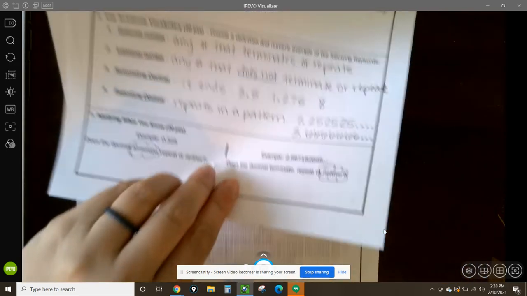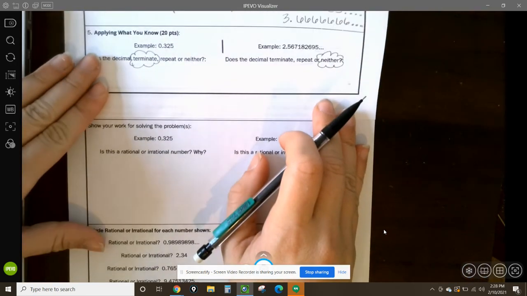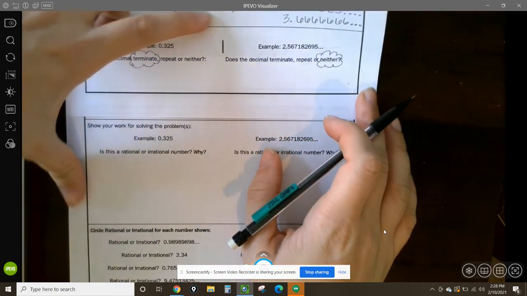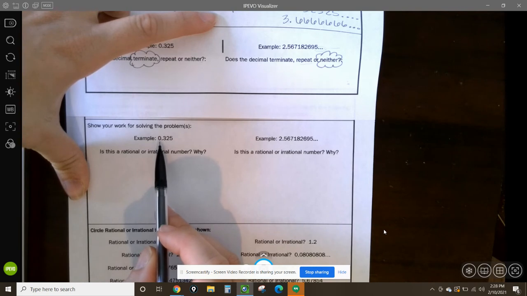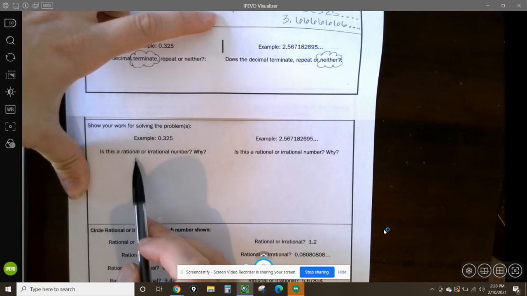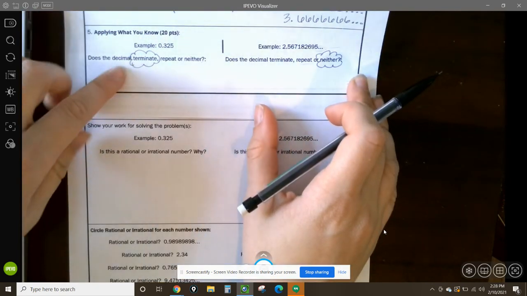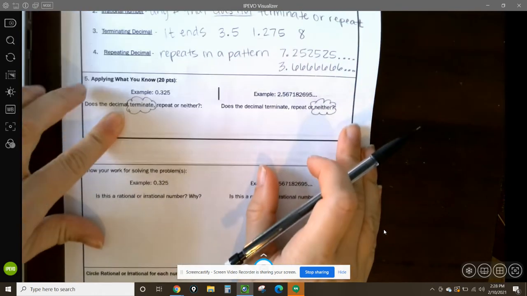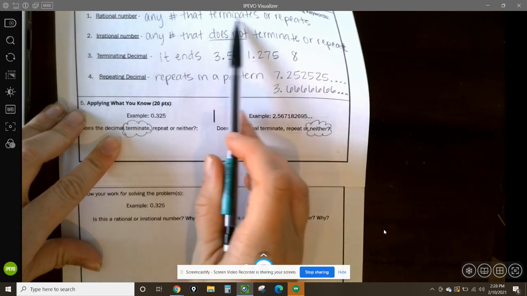So on the next part, we're going to take those same two questions that we just did, but now we're actually going to answer a bigger question about them. So same number, 0.325. Is this a rational or irrational number, and why? So we know up here we said that it terminates, and looking at our definitions, it's rational if it terminates.